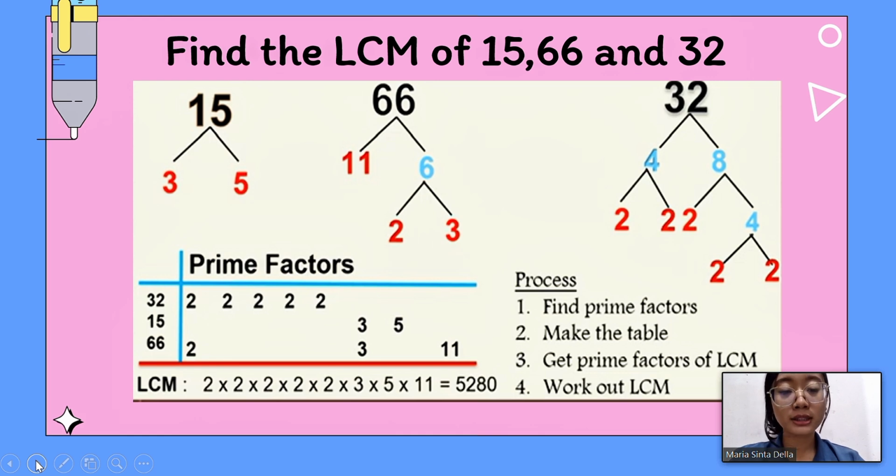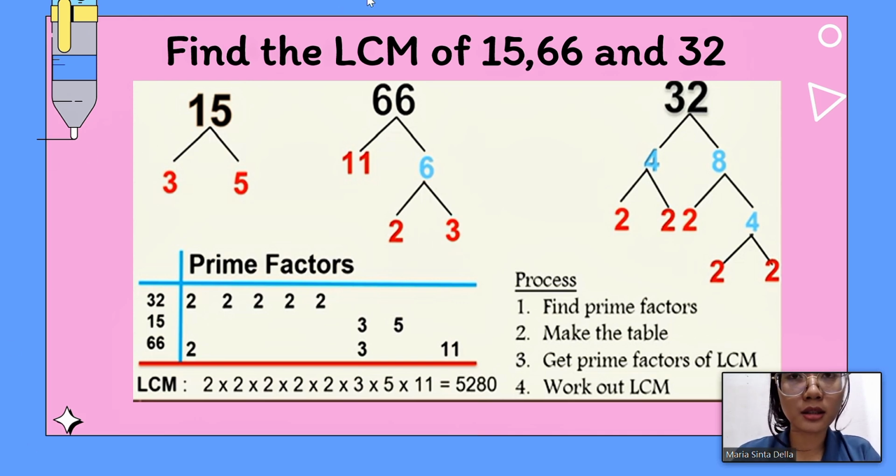Now we work out the value of our LCM as shown by the prime factors we have here. 2 times 2 is 4, times 2 is 8, times 2 is 16, times 2 is 32, times 3 is 96, times 5 is 480.